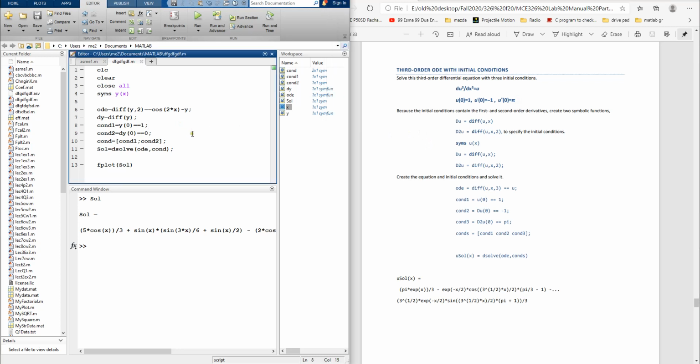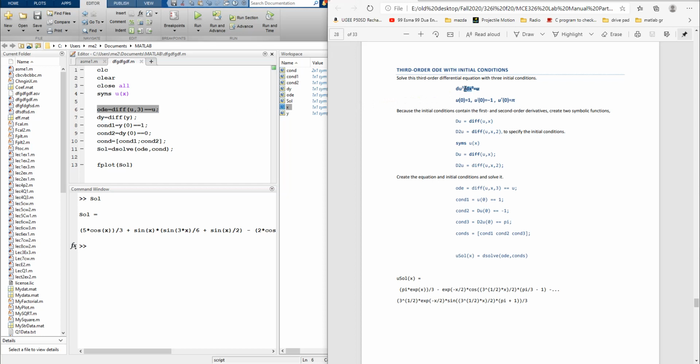Again, how can I solve it? Again, syms: the name of the function here is u, a function of x, so keep it u of x. ODE equals the third derivative of u, double equal the value of u, like this. This is exactly just a representation of this equation.